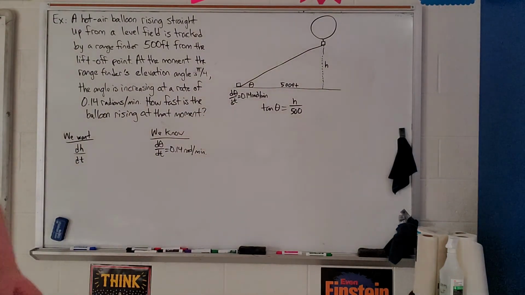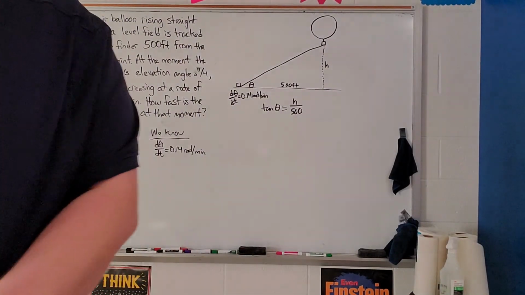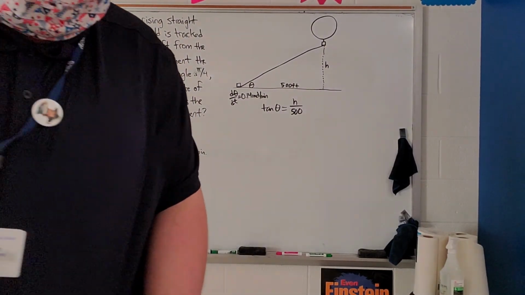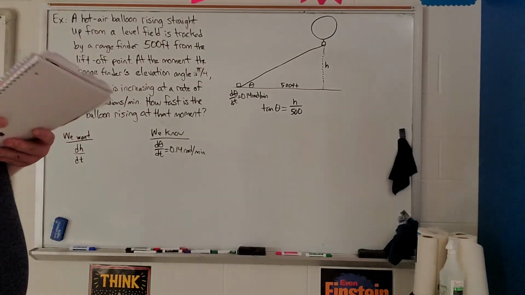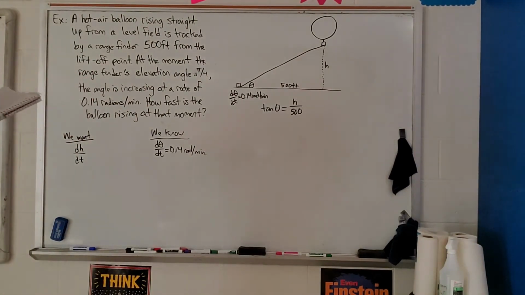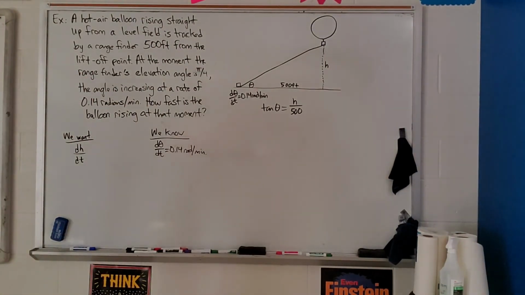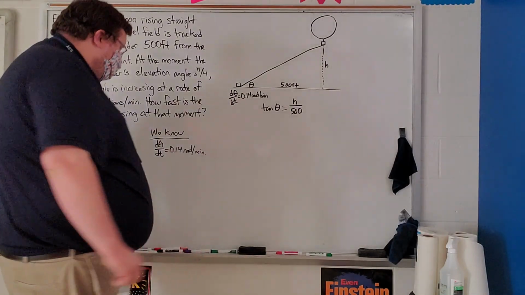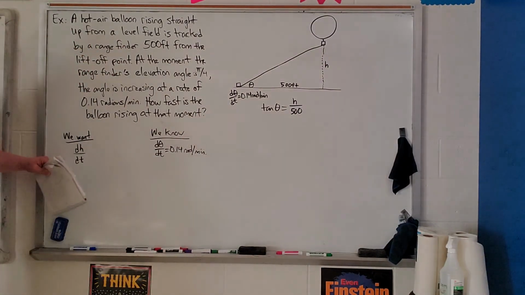So whatever the height of the balloon is. Let's solve this for h because we want dh dt. So why not go ahead and get h by itself? Because we're going to eventually want dh dt.